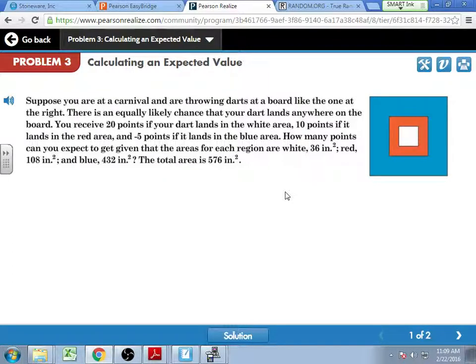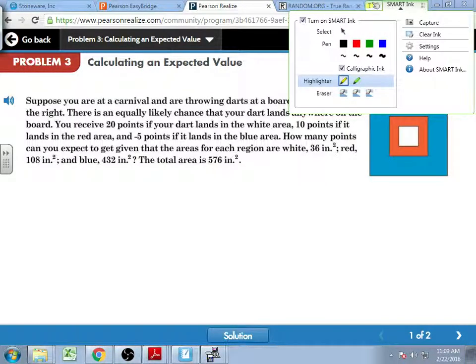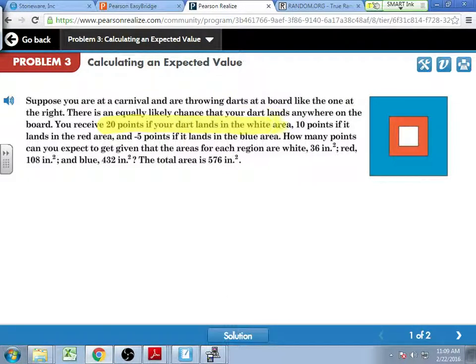Now this is done on your paper, but without looking at that, who thinks they can process through why we're going to do what we do? When I think about what's my probability of gaining 20 points in the white area? Well, the white area is 36 inches squared. The total area is 576 inches squared.